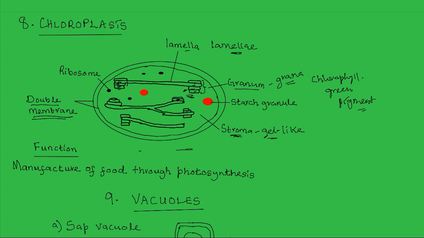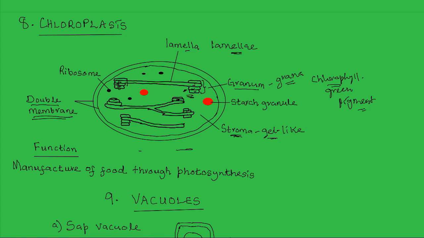Now, chlorophyll should not be confused with the chloroplast. Chloroplast is the organelle. Chlorophyll are the green particles that are found within the organelle. The function of the chlorophyll molecules is to trap light energy that is used during photosynthesis.